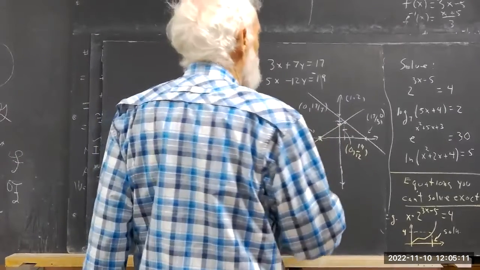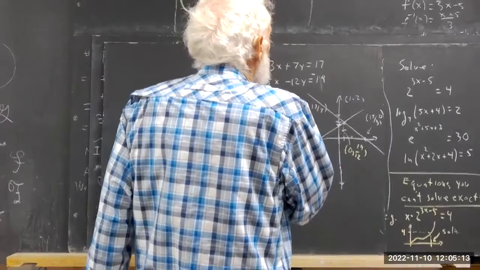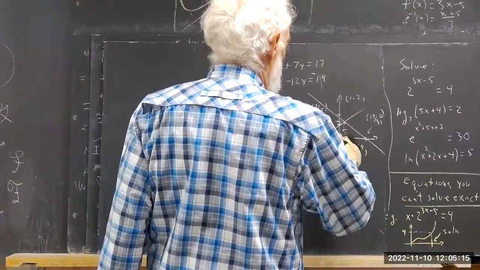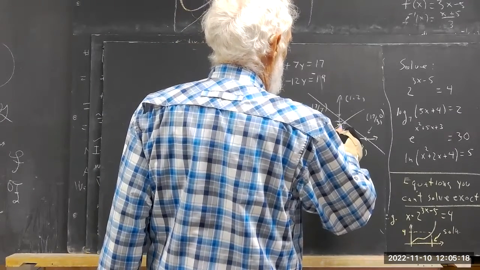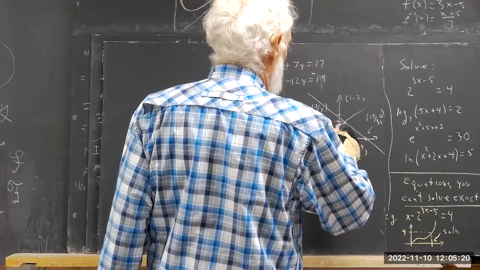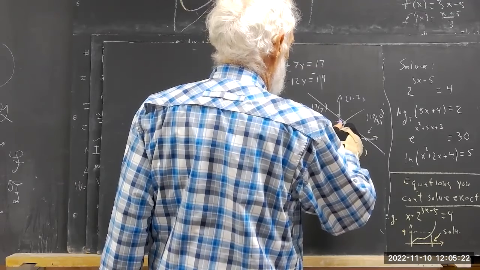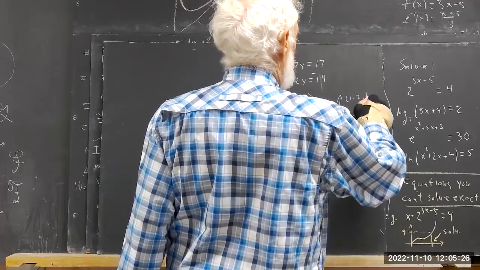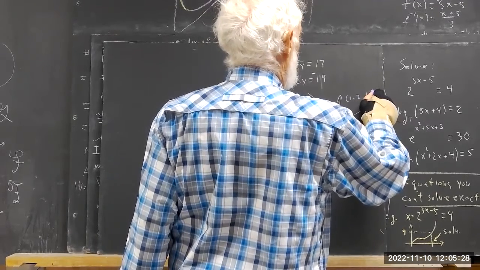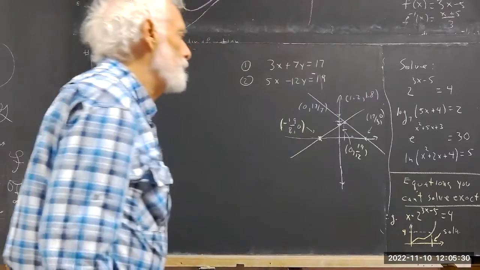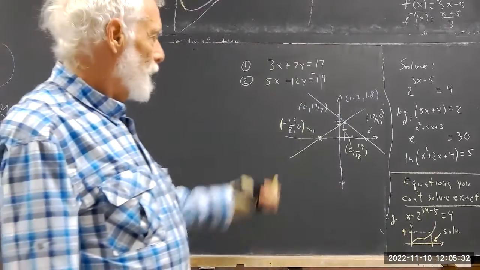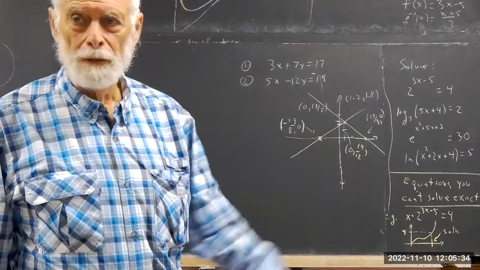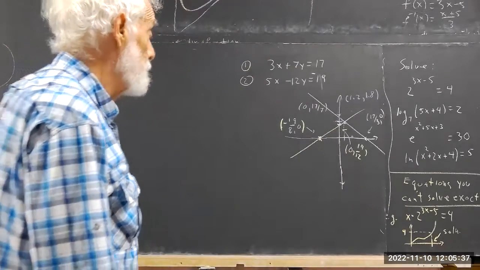And 17/7 is almost 2.5. And if that's 2.5, it's 1.25. I'm going to say maybe that's 1.8. Now I'm just converting these fractions in my head. Might well have made a mistake.